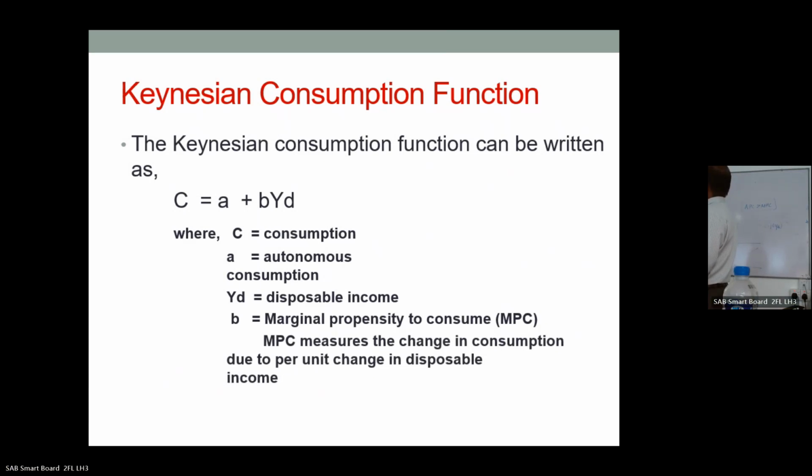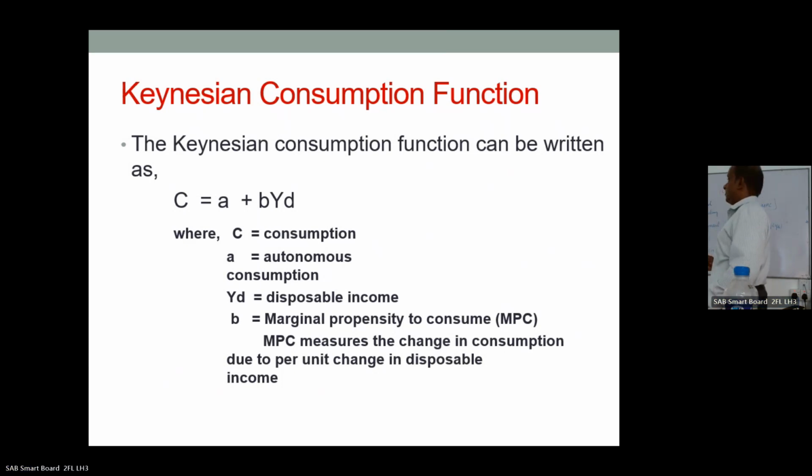Now, normally this marginal propensity to consume is between 0 and 1, right? If we allocate from our income, we consume, so it is greater than 0 and less than 1.